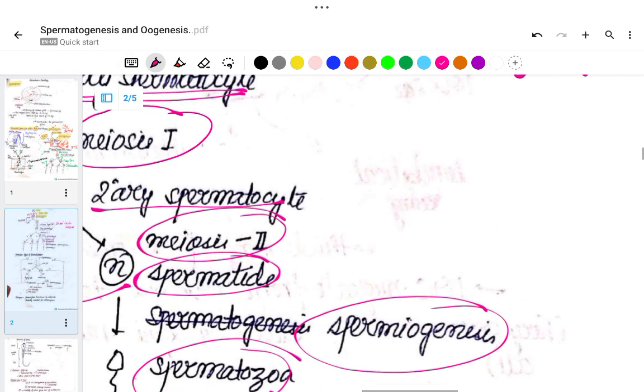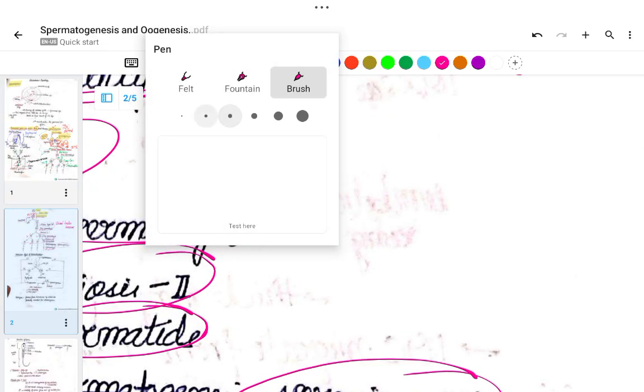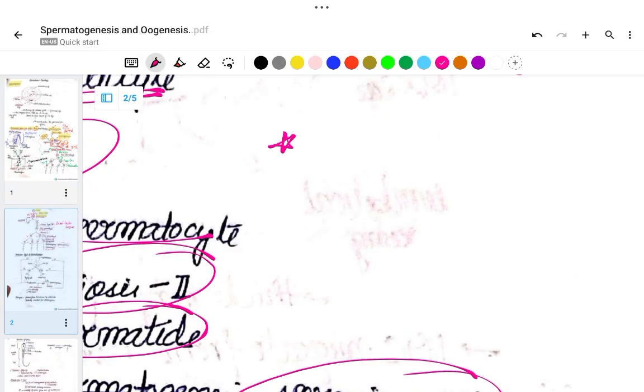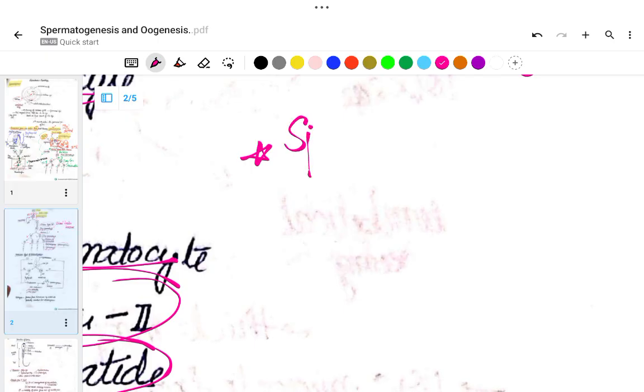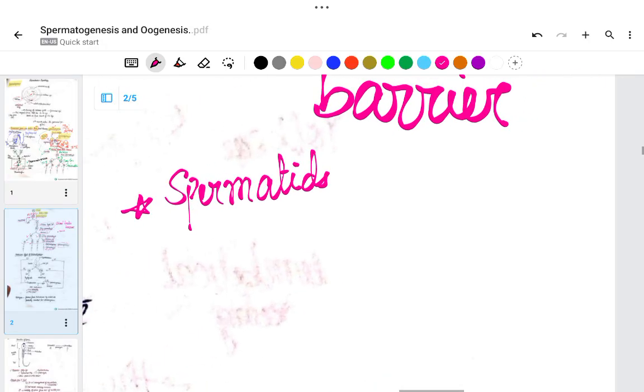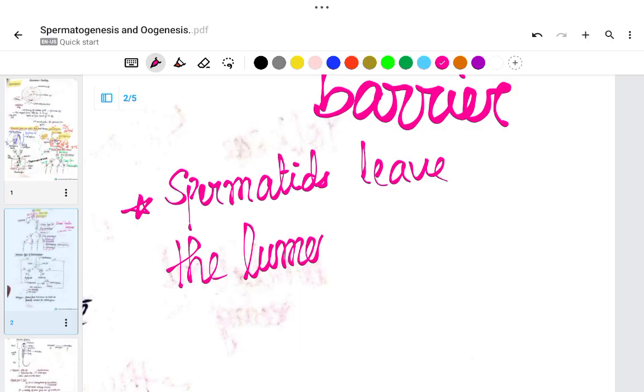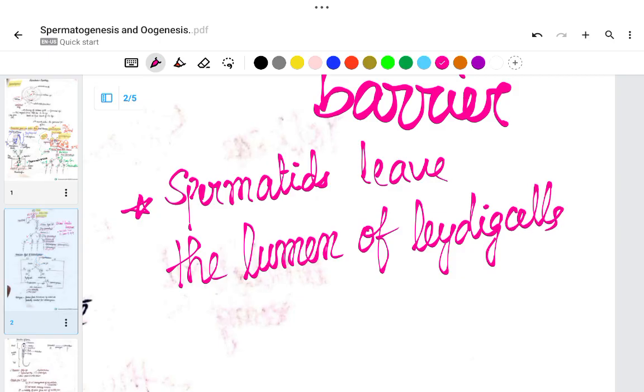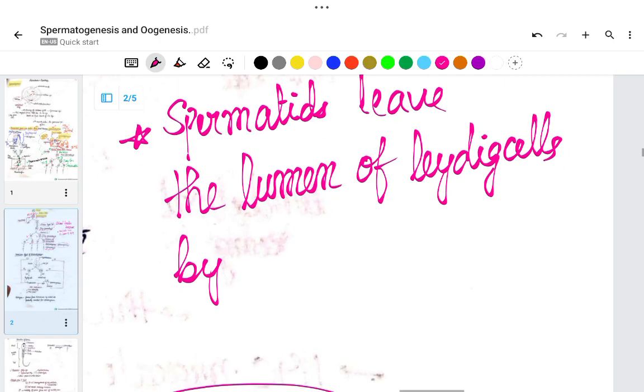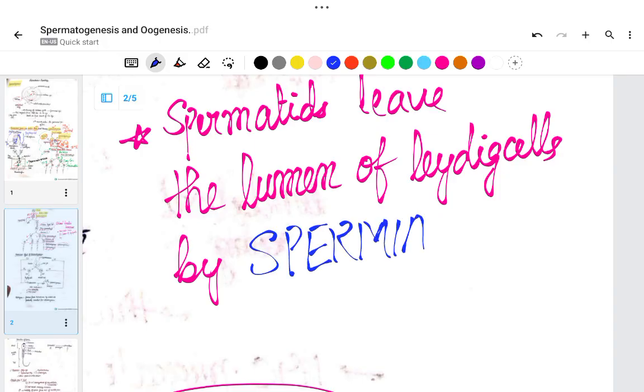The spermatids, by spermiogenesis, give spermatozoa. Right, now another thing that is written in NCERT is that the spermatids leave the lumen of Leydig cells, I think, by the process called spermiation.